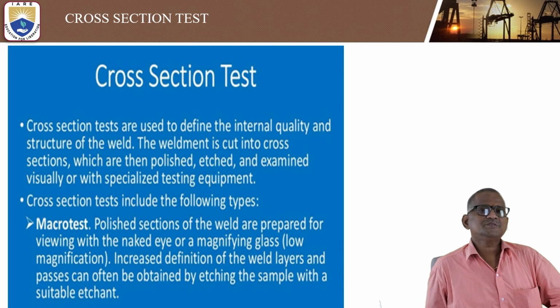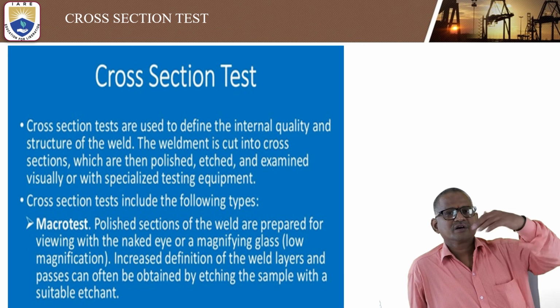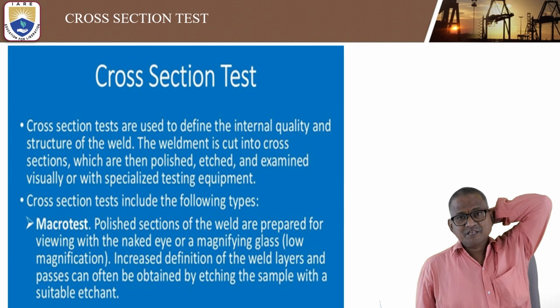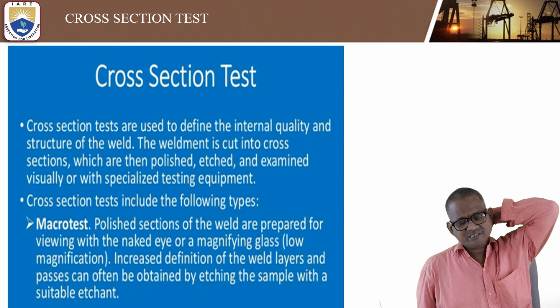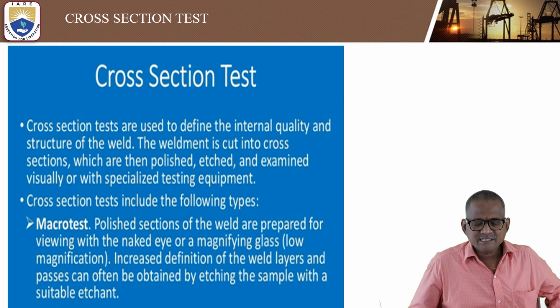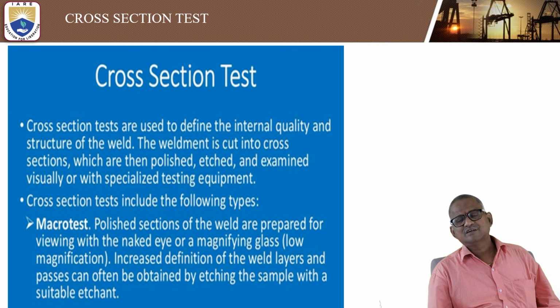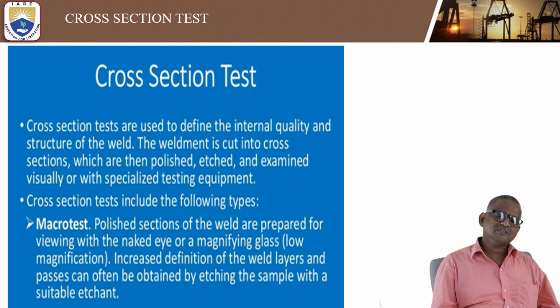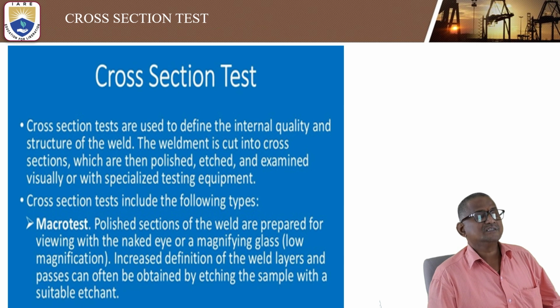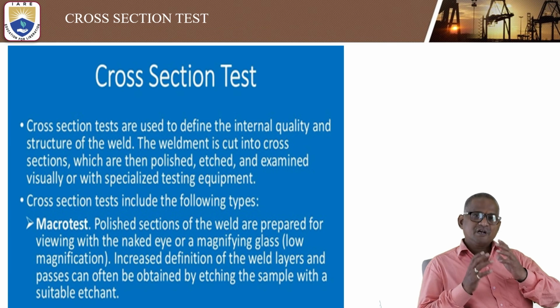Macro means polished sections of the weld are prepared and verified with the naked eye or a magnifying glass, so that with low magnification, increased definition of the weld layers or passes can often be obtained by etching the sample with a suitable etchant, nital. Nital, which is nitric acid plus alcohol, is one of the important etchants, for gray cast iron, etc.